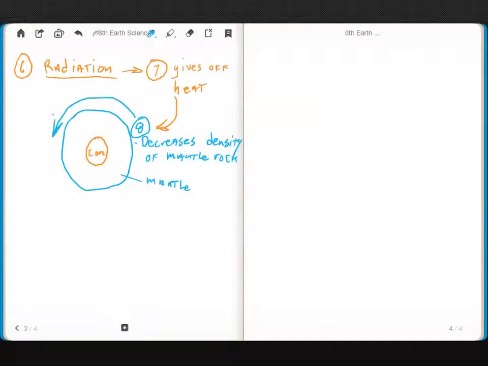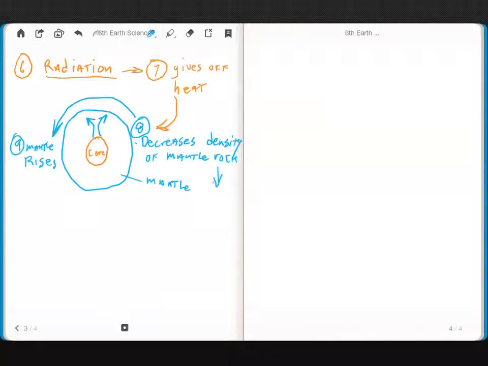If it decreases the density, the mantle rock rises. So the mantle rises. So here, let's show a picture of that. Here's the mantle rock. It's near the core. It's hotter there, and it decreases in density because it's increasing in volume.